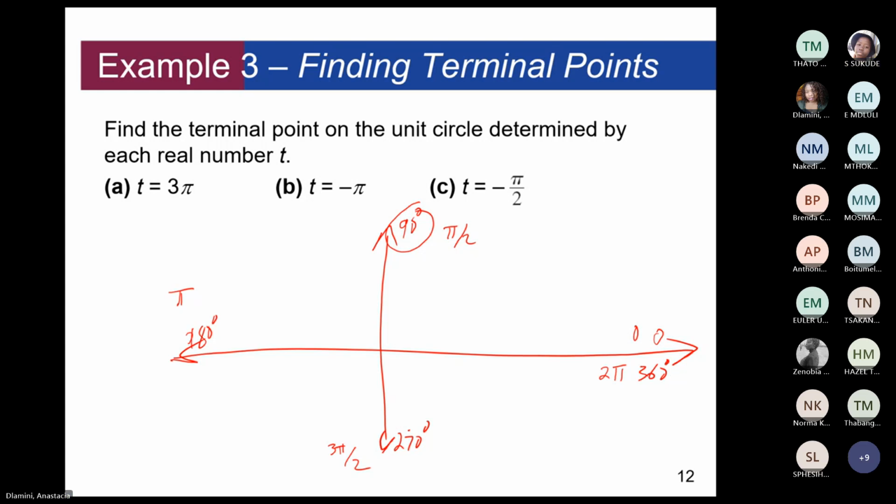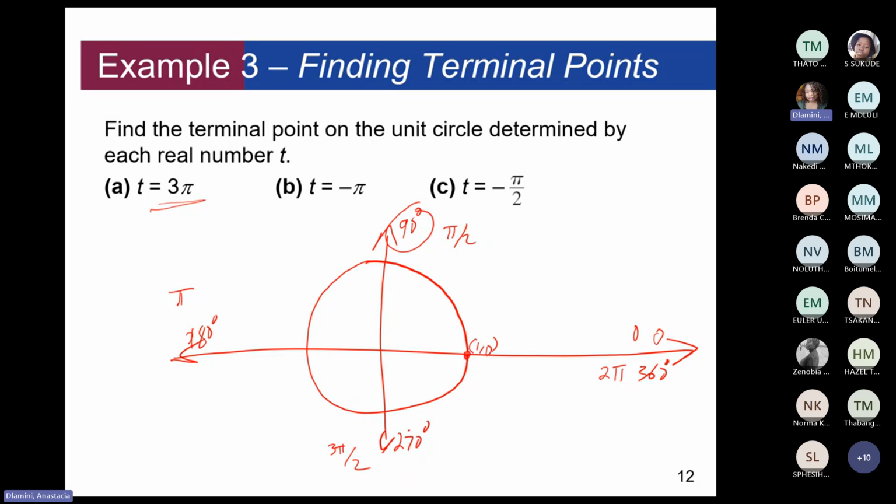Yes, ma'am. Now, they want us to move 3 pi. Remember we're moving on the unit circle, so it's important for us to draw a unit circle. It might not look good. I'm not an artist. So let's assume this is a unit circle. On a unit circle, this point here is 1 and 0.